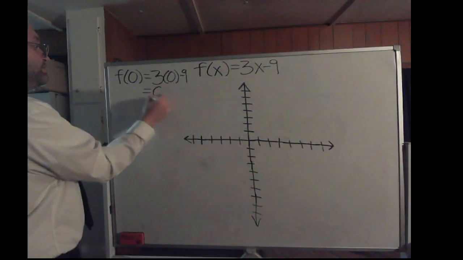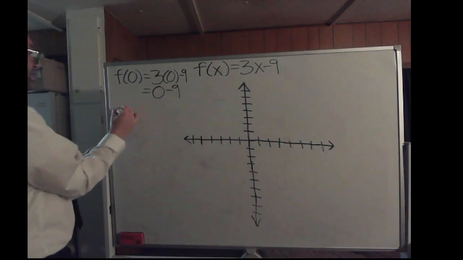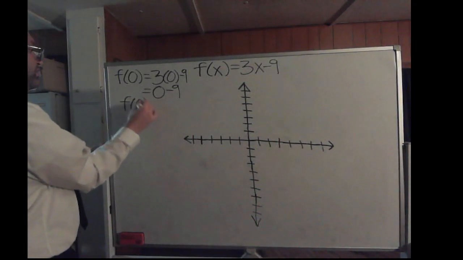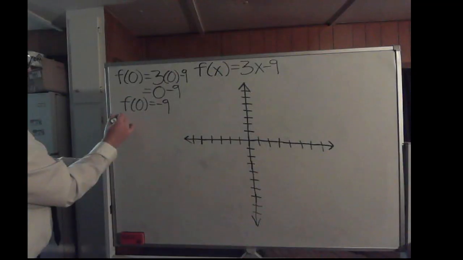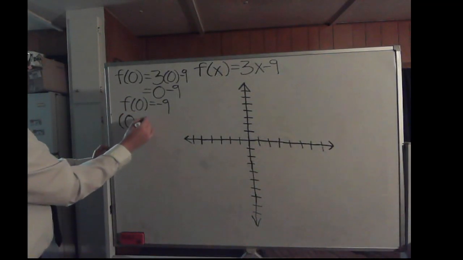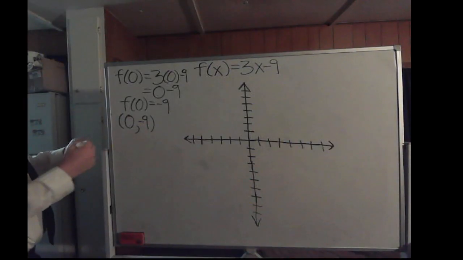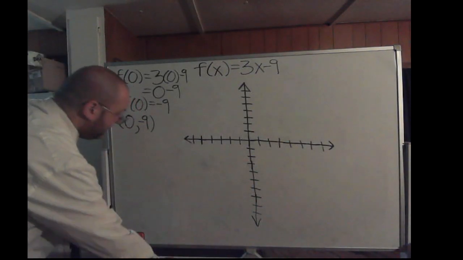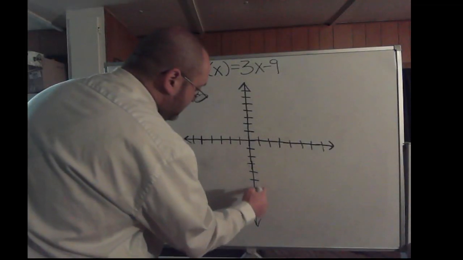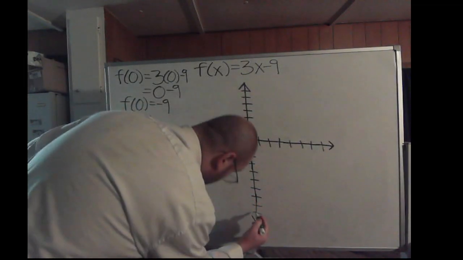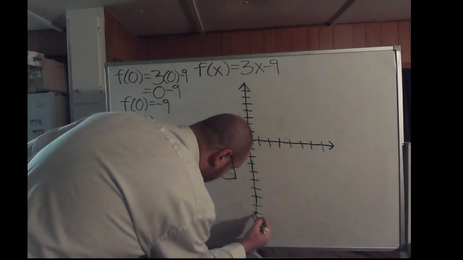Well, 3 times 0 is 0, so you have 0 minus 9. F of 0 would equal negative 9. So you would get the point 0, negative 9 for that. Let's go ahead and plot that. 6, 7, 8, 9. All the way down here, 0, negative 9.